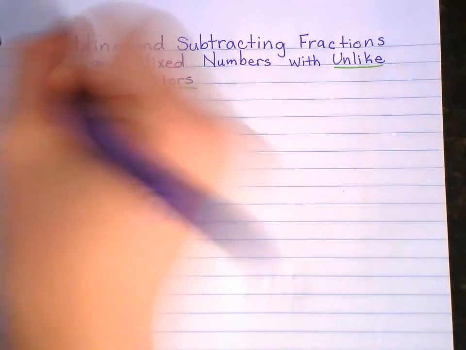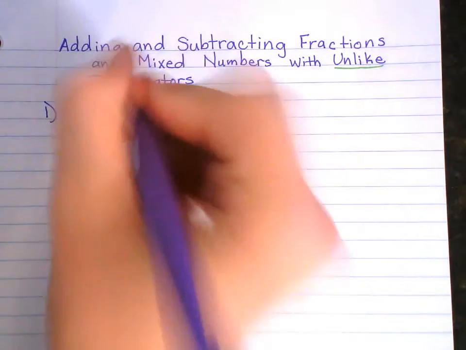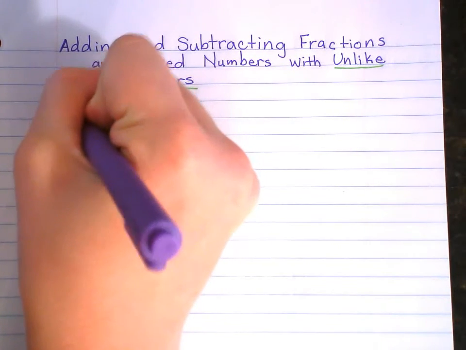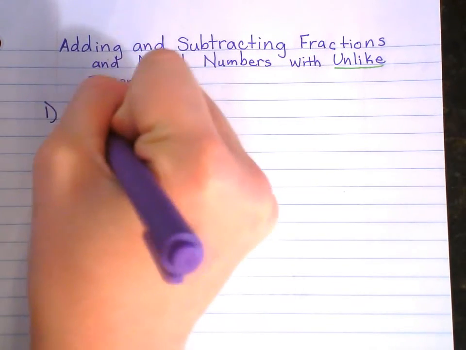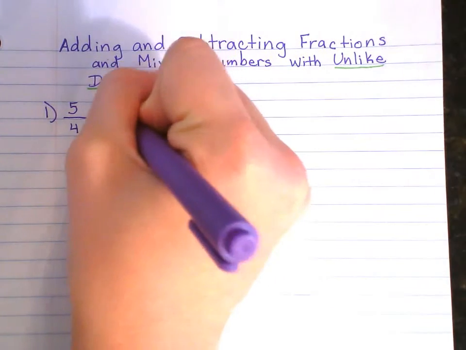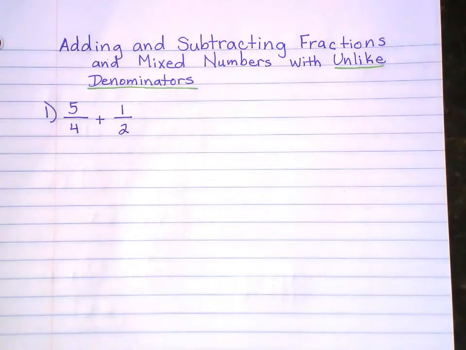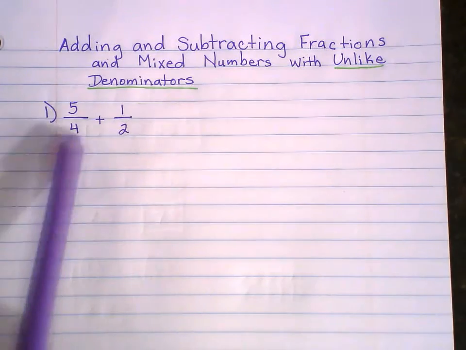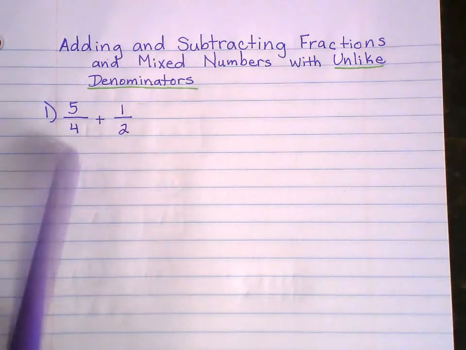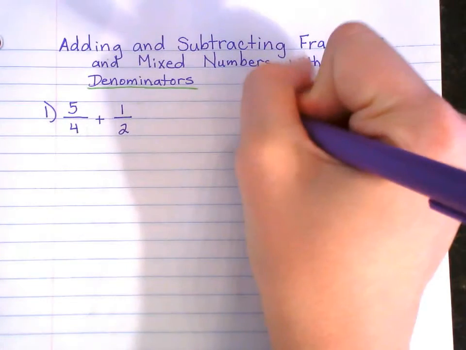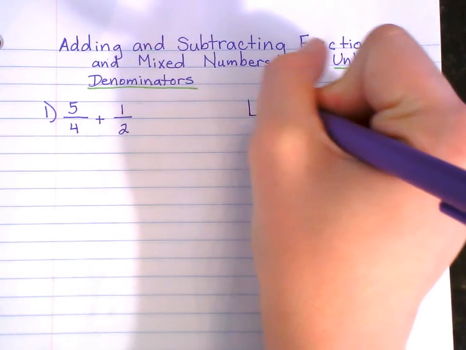Now, example 1, 5/4 plus 1/2. Okay? So, they have different denominators. 5/4. So let's just show what that is. Okay.